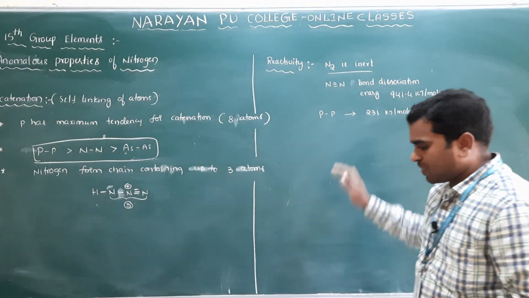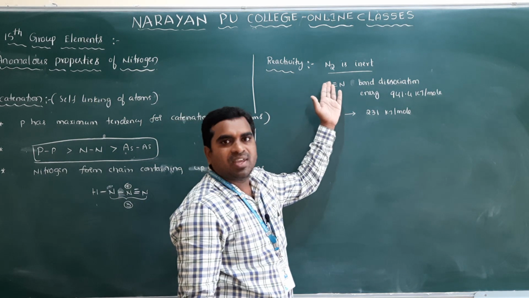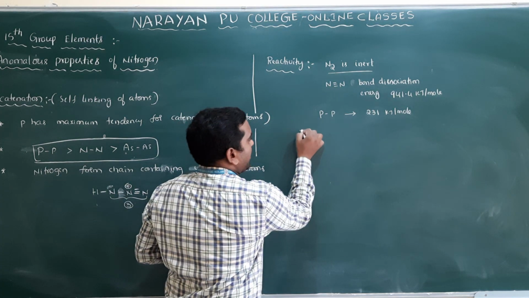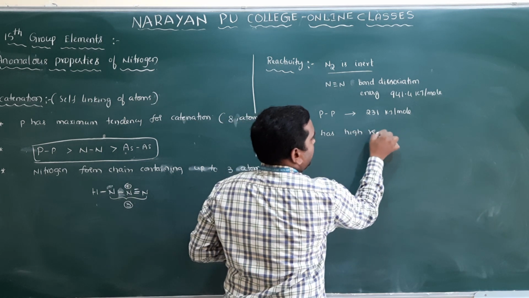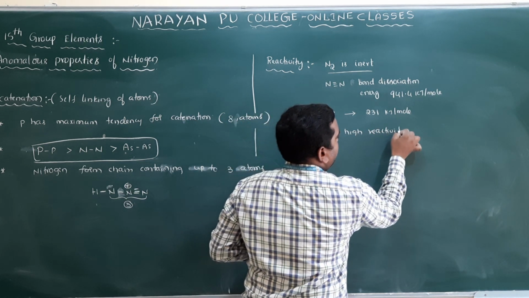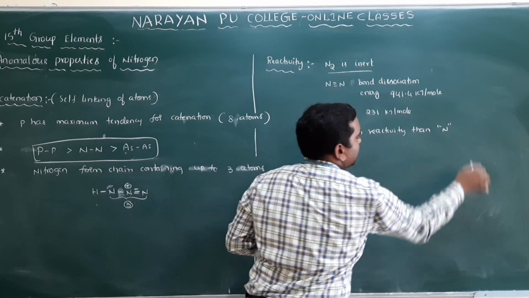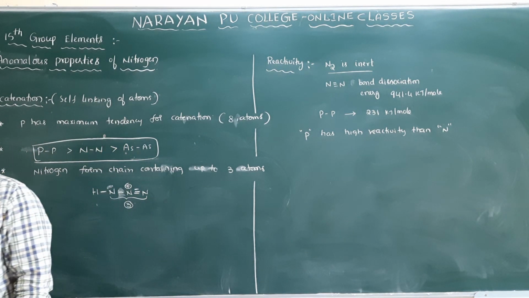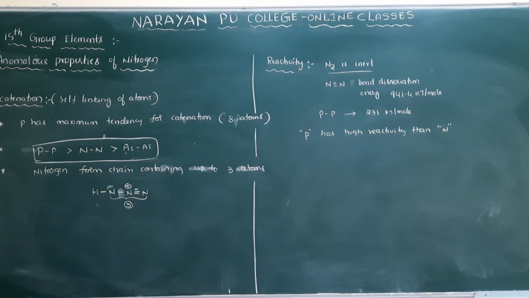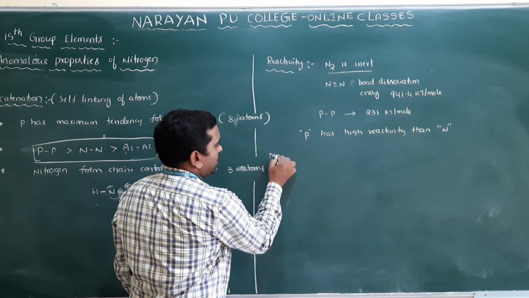So that's why phosphorus has high reactivity than nitrogen. And this is about the reactivity. And next one, if you go for the fourth property, maximum covalency, this is also very important.